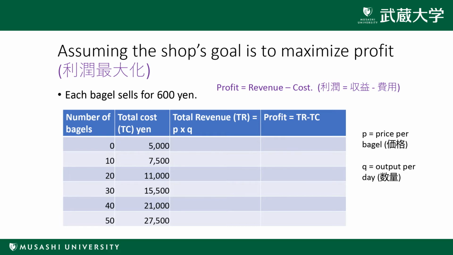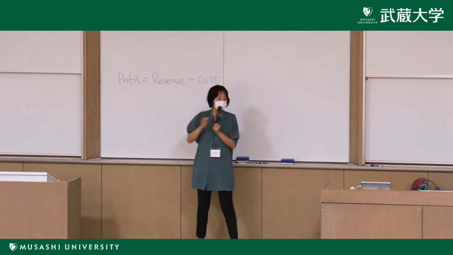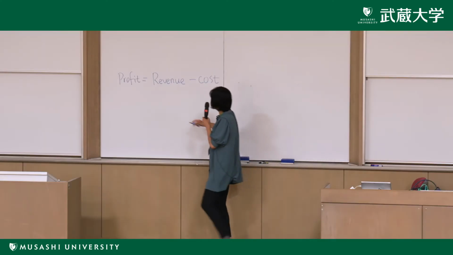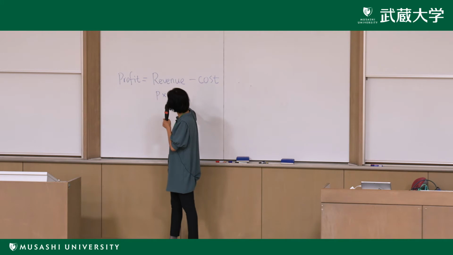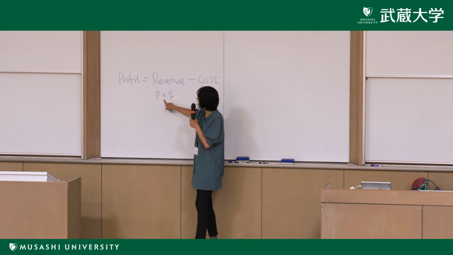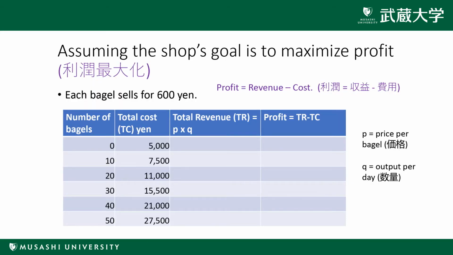First of all, we need numbers for revenue, which is shown in the third column. Revenue is defined as the price per bagel multiplied by how many bagels you're selling, and that's the total revenue.